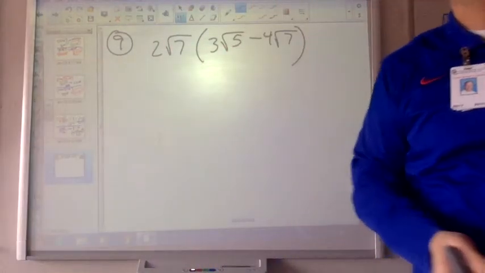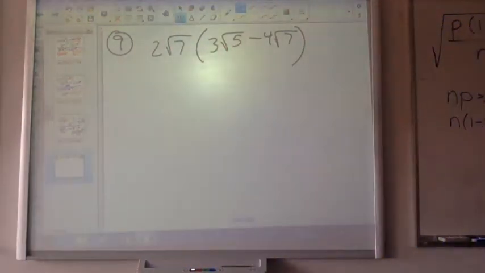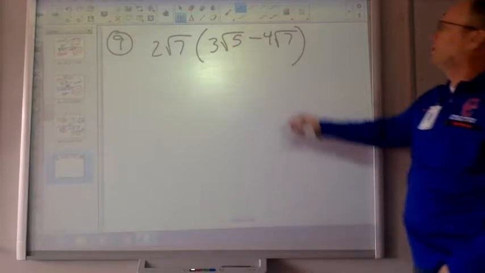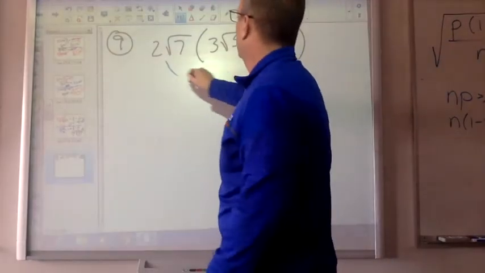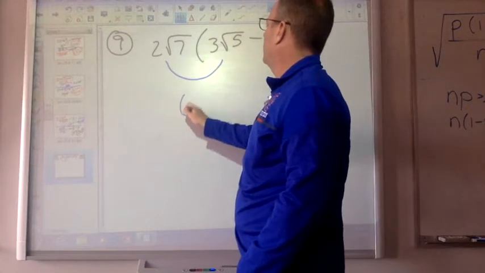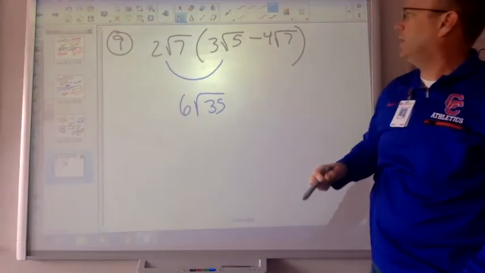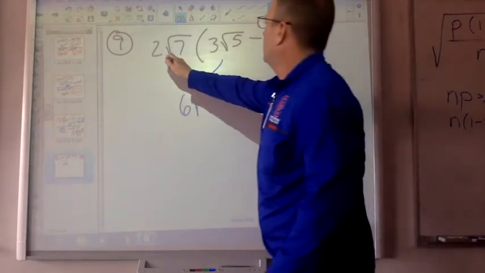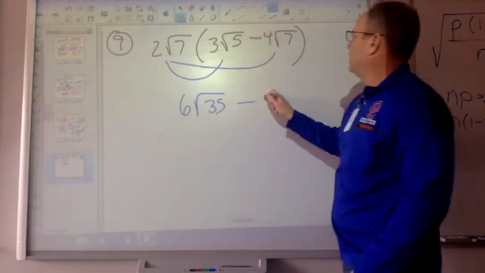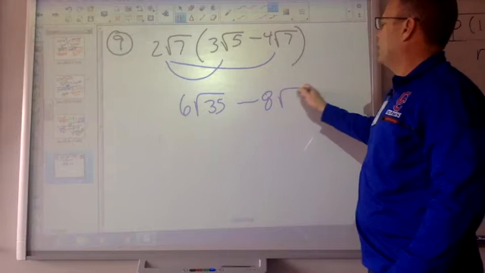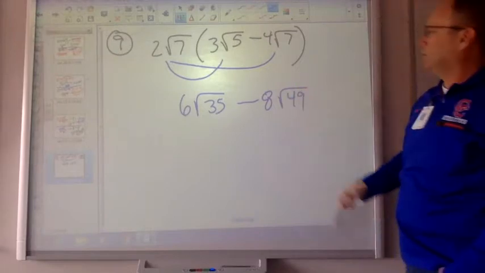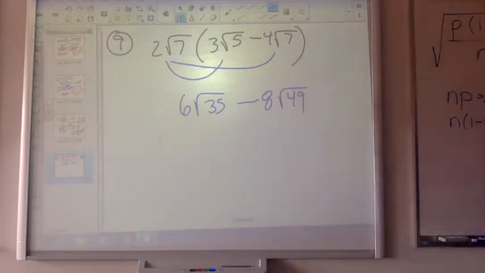Okay, so I'm going to distribute 2 root 7 to both of those. So that's going to come here. So that gives me 6 root 35. So outside to outside multiplication, inside to inside. And then that comes here, so that's minus 8 root 49. Okay, so I know that 35 is 1 times 35. That's not going to help me.